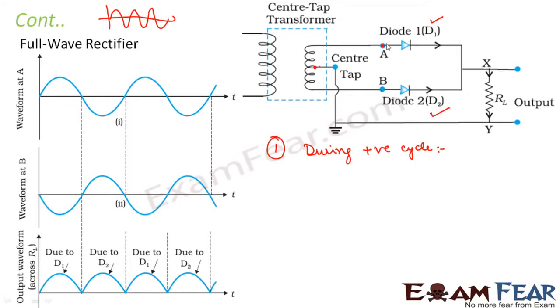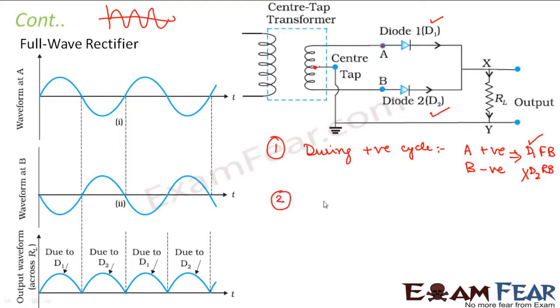Because both cannot be positive. One has to be positive and the other has to be negative. So when I am talking about the positive cycle, voltage at A is positive and voltage at B is negative. As a result of this, D1 is forward biased and D2 is reverse biased. So that means D1 will conduct and D2 will not conduct. So what will be the output? This will be the output which is due to D1, right?